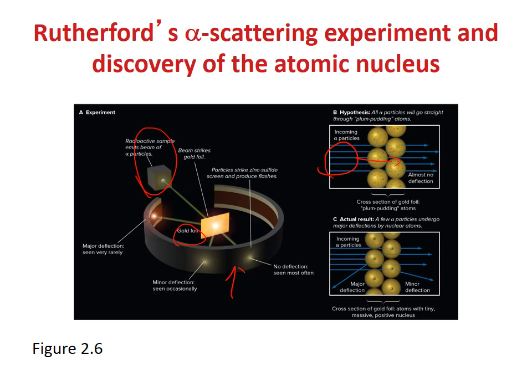The actual result is that although most alpha particles go through the gold film, some of them actually undergo major deflection, indicating that some places inside the atom must be positively charged and of high dense mass.